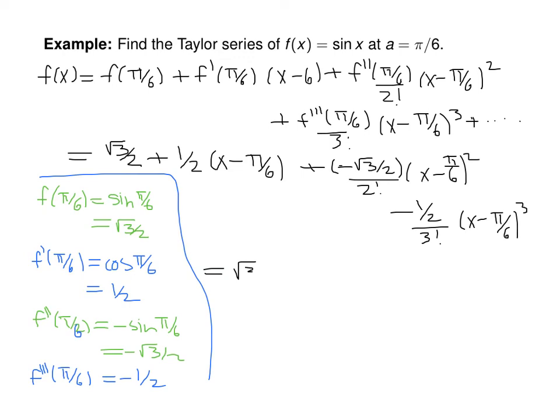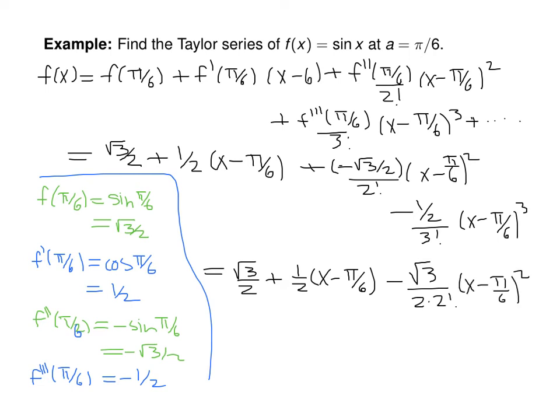It's root 3 over 2 plus 1/2 times x minus pi over 6, and then minus root 3 over 2 times 2 factorial times x minus pi over 6 squared, and then minus 1 over 2 times 3 factorial times x minus pi over 6 cubed.